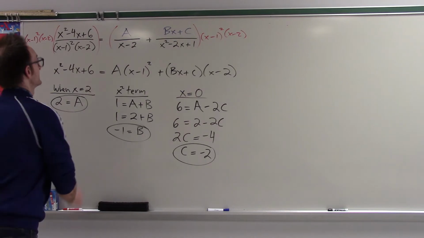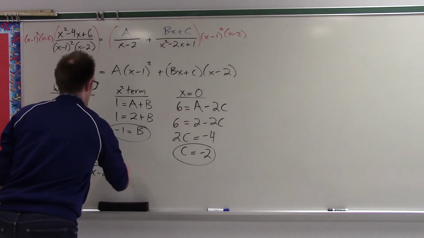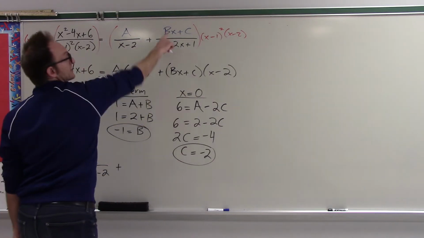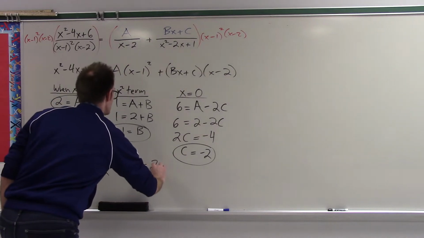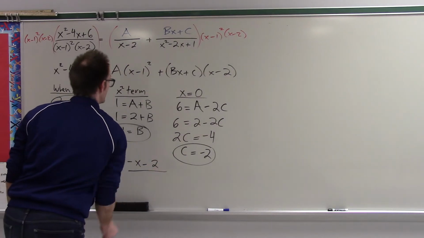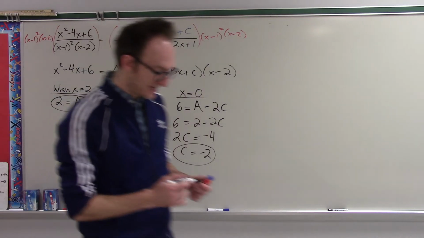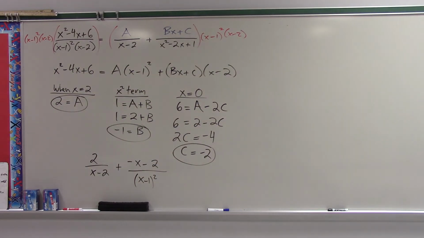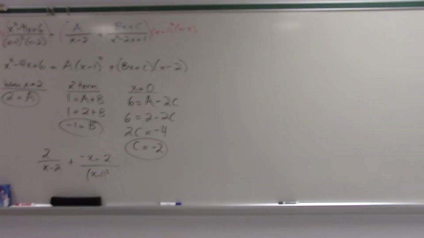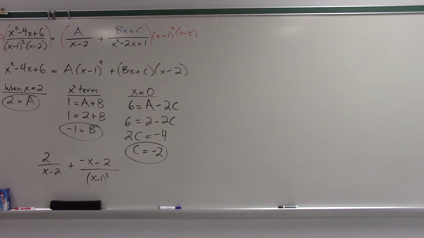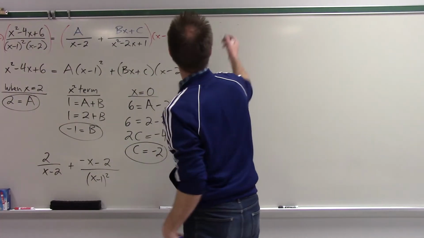Okay, so that was pretty straightforward, and what we end up with is our conclusion is that the answer is 2 over x minus 2 plus b is -1, so that's negative x, and c is -2, so negative x minus 2 over x minus 1 squared. Okay, and seemingly the problem is over, but unfortunately, now let me just rewrite this answer.